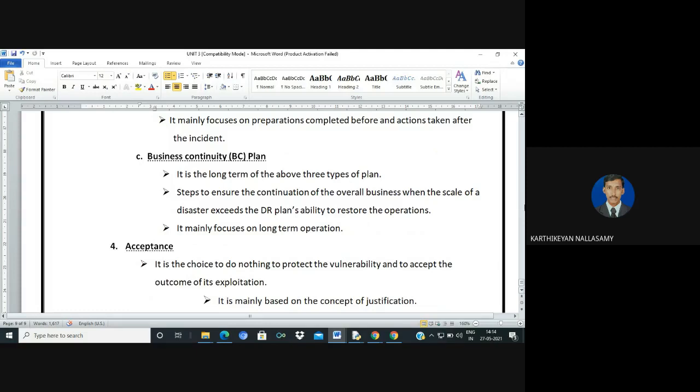If you want to apply some security procedure inside an organization, we always have to apply risk management techniques. Risk assessment and risk management is an iterative process, so it should be done periodically.